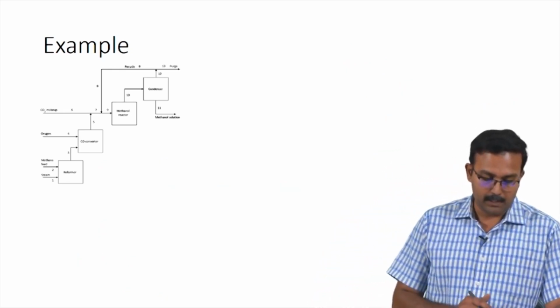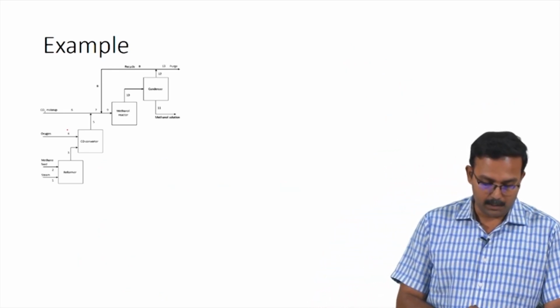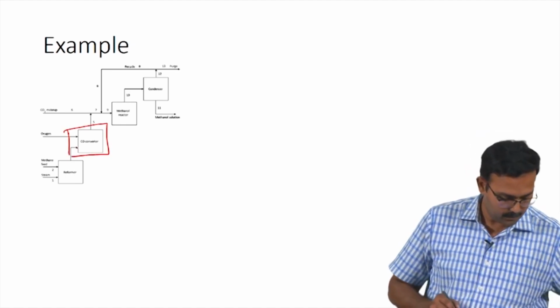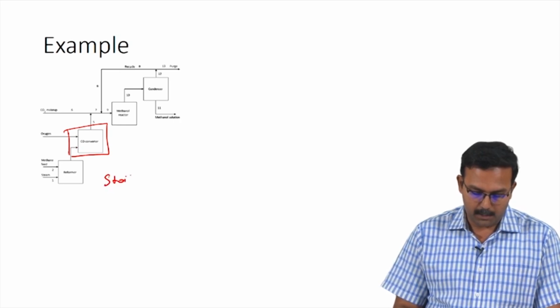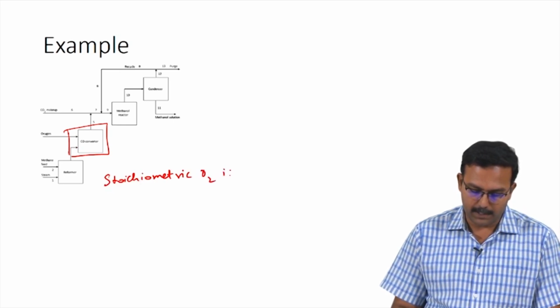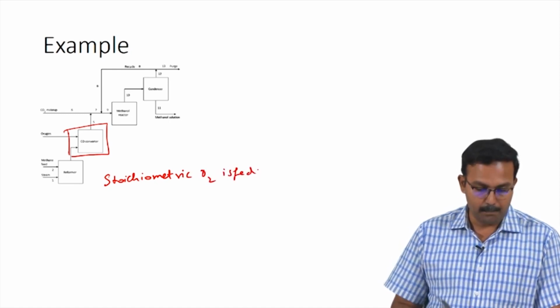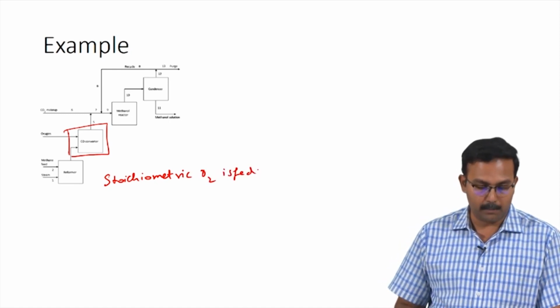The next system of interest would be the CO converter. For the CO converter, we have been told that the stoichiometric requirement of oxygen is fed and there is complete conversion of carbon monoxide to carbon dioxide.